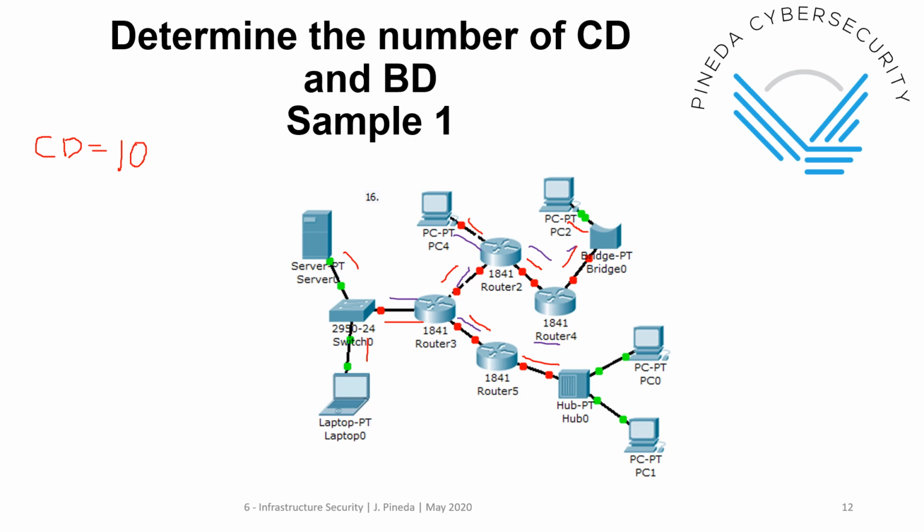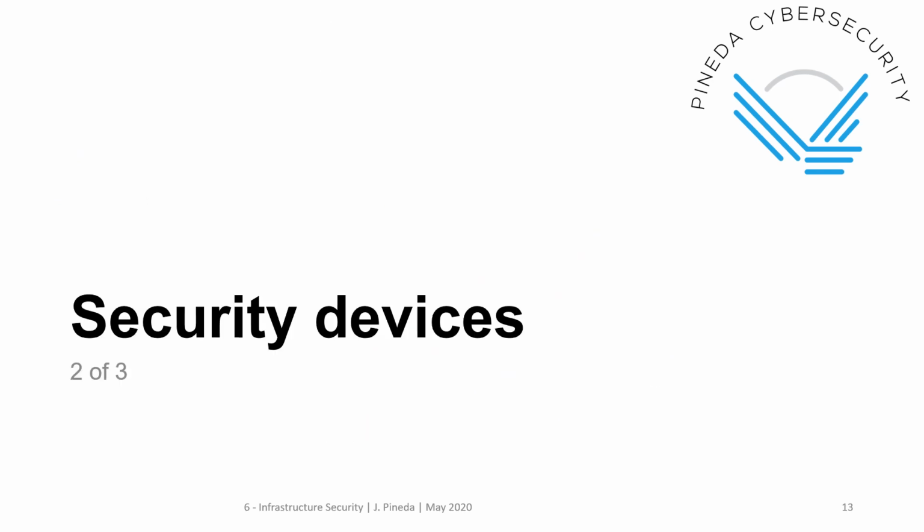So I have 7 broadcast domains. Okay. Let's check if it's correct. 1, 2, 3, 4, 5, 6, 7. Okay. So that's for example 1.